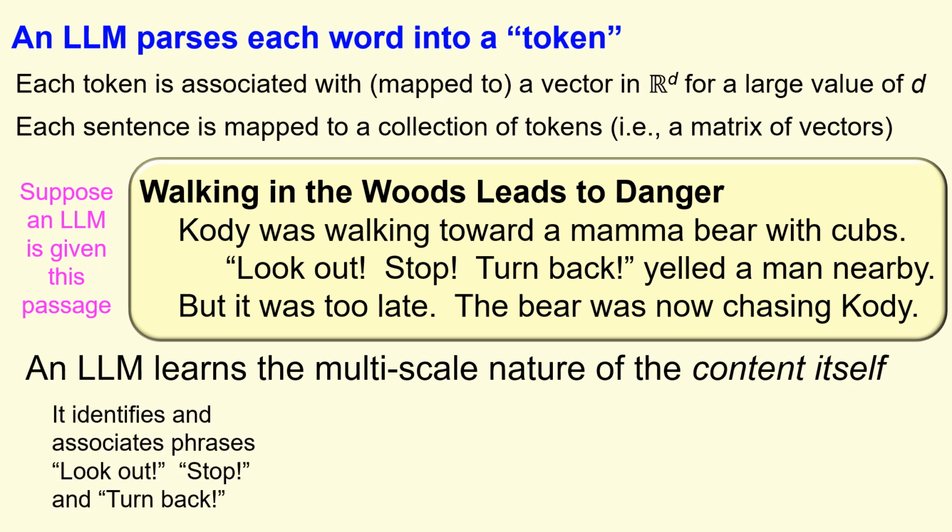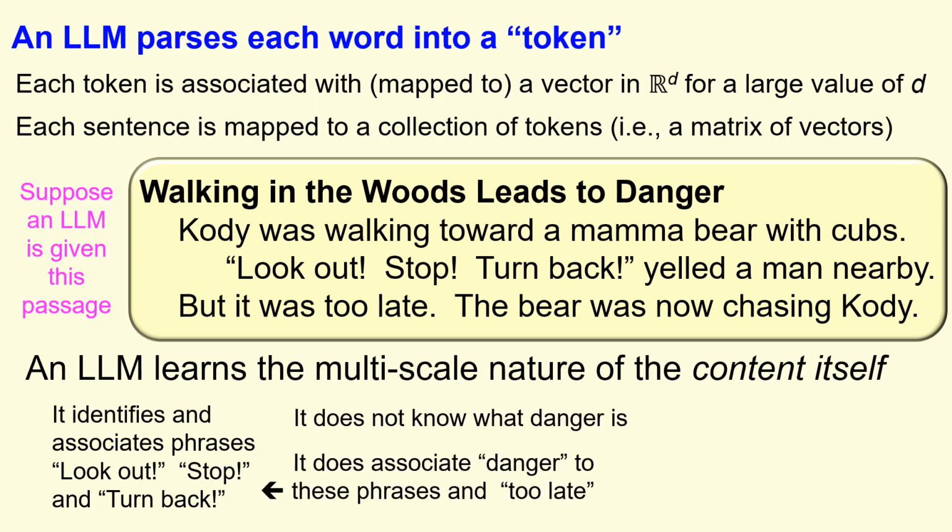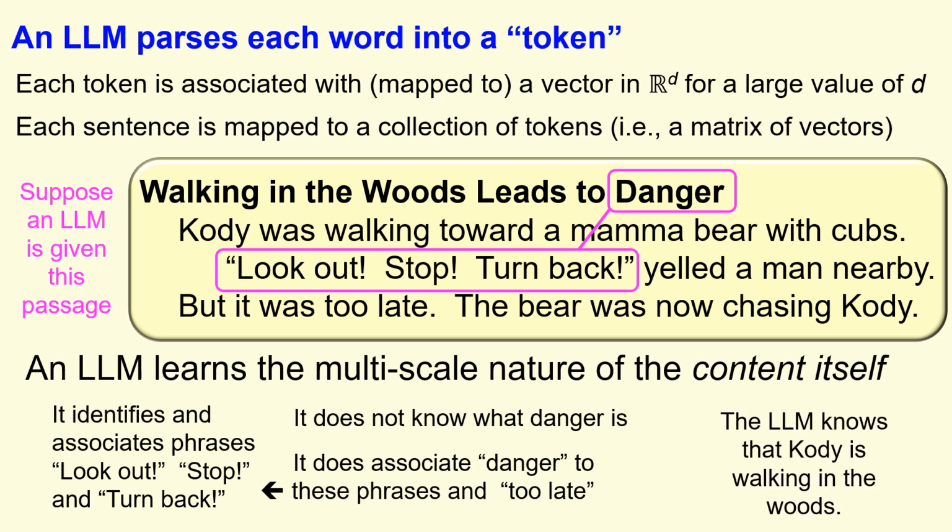It identifies and associates phrases look out, stop, and turn back with each other. It does not know what danger is, but it does associate danger to those phrases and perhaps also to the phrase too late. The large language model knows that Cody is walking in the woods.